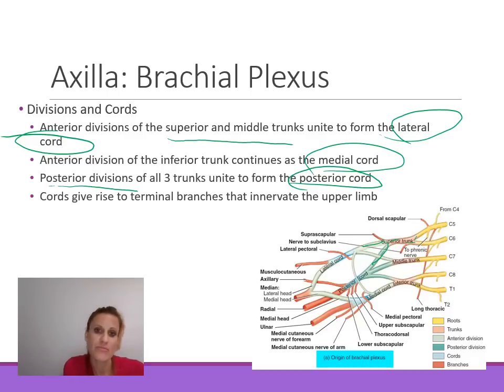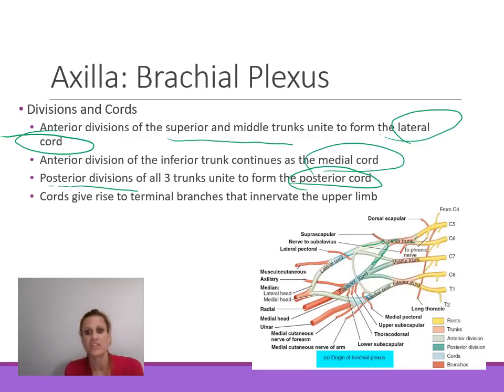These cords are named for their position relative to the second part of the axillary artery. Remember that the axillary artery has three regions, and those regions are just because of its relation to the pectoralis minor. So the first part's before the pectoralis minor, the second part's behind it, the third part's after it.